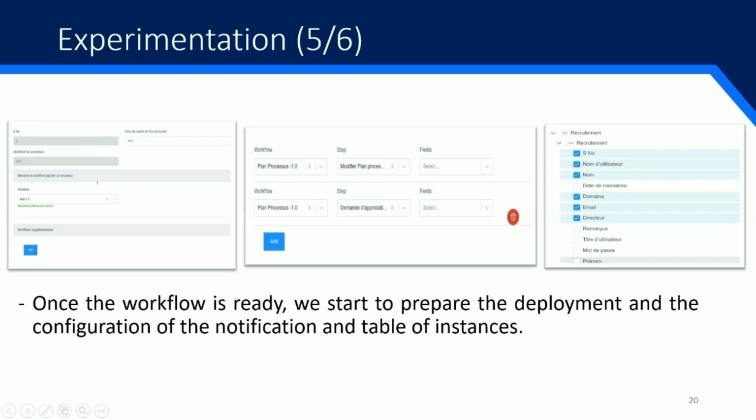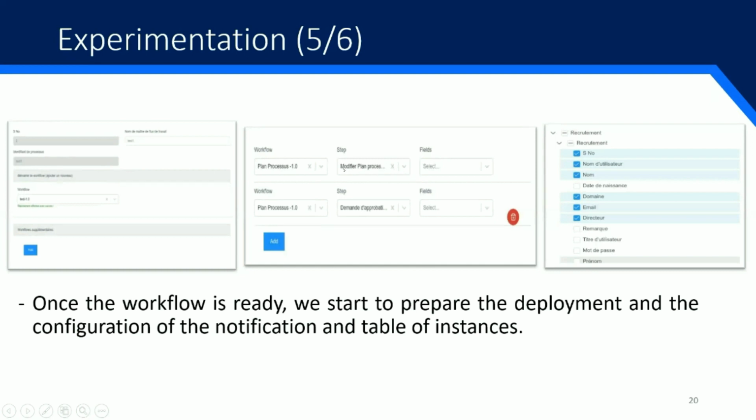Then, by clicking on submit, we see this page, which helps us to create the notifications. For each workflow, we have to select the workflow and the form that will be used. Yes, it is the workflow here, and then we proceed to select the step, which is the user task.